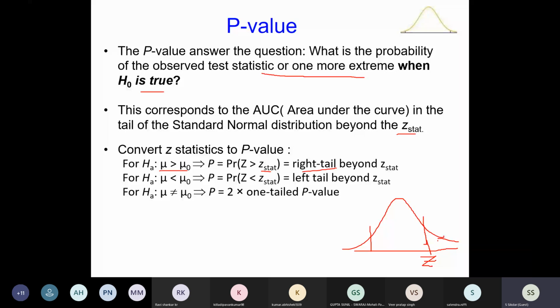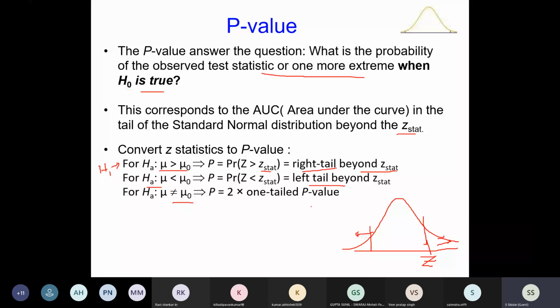If it is more than 170 or something like that, it is the right tail beyond z stat. If mu is less than mu zero, it is the left tail beyond z stat. And if mu is not equal to mu zero, p is equal to 2 multiplied by the one-tailed p value. Again, we will see how they have calculated this.